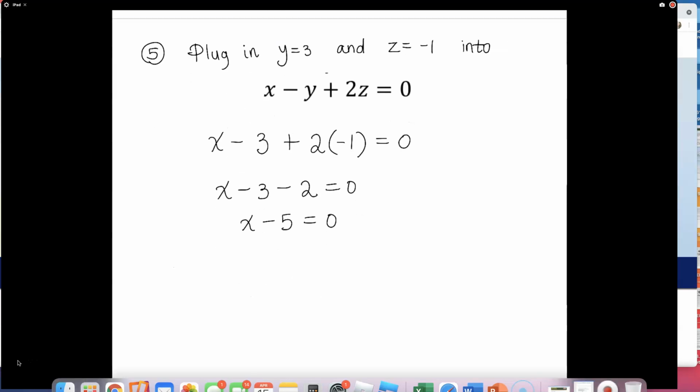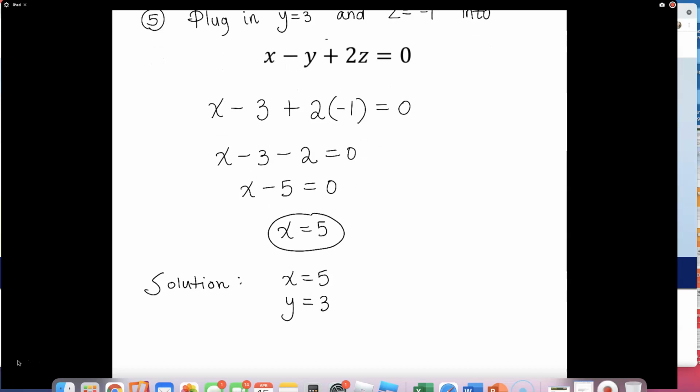Now finally, x is what? 5. Yay, we solved it. So the solution is x equals 5, y equals 3, and z equals -1.